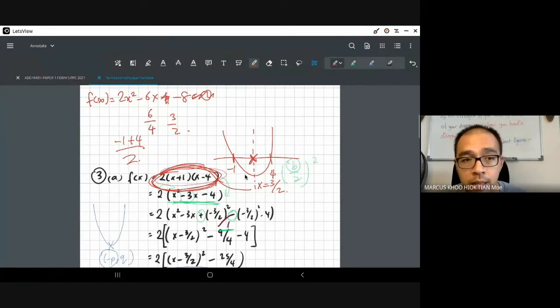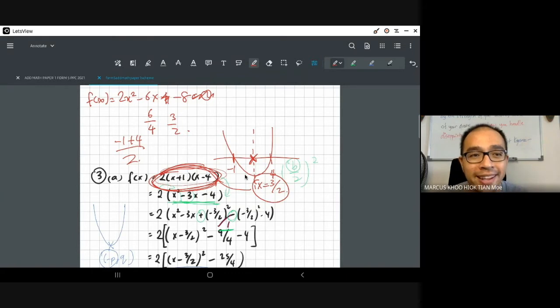Yeah, I don't see a problem with that. The most important thing for me is to see this lah, the 3 over 2. I want to see that. So how you get the 3 over 2 is, it depends on many methods lah. One is you can use the roots. One is you can use minus b over 2a. Okay, and I can imagine that at this point, some people are asking me, why do we use minus b over 2a?